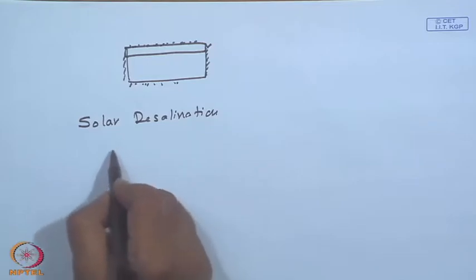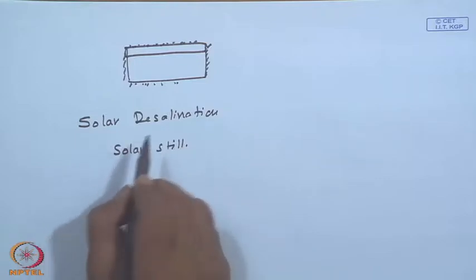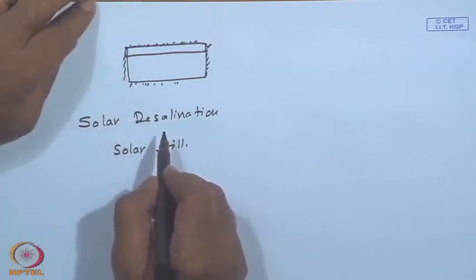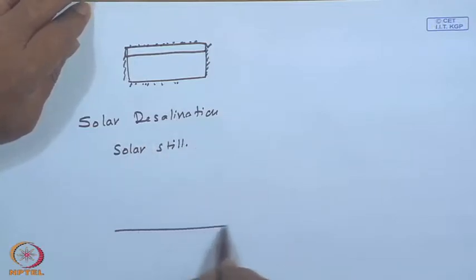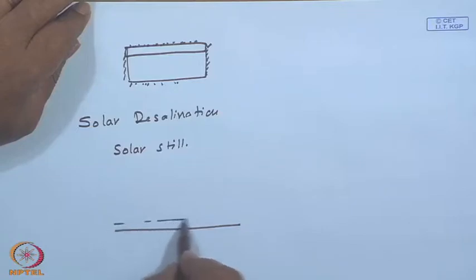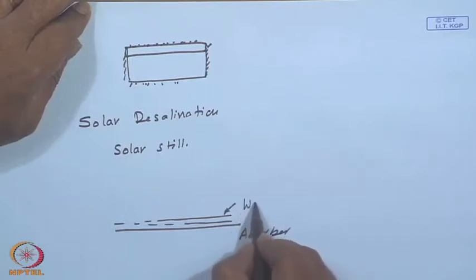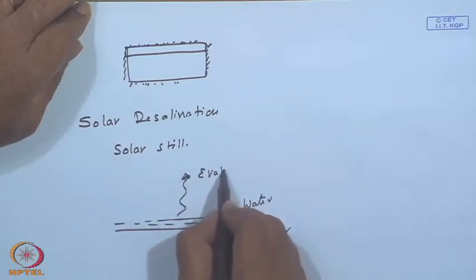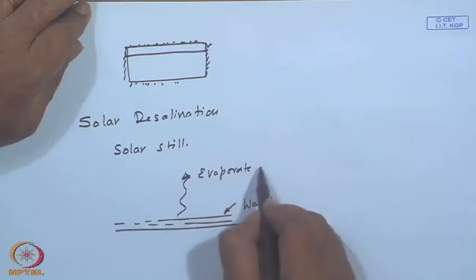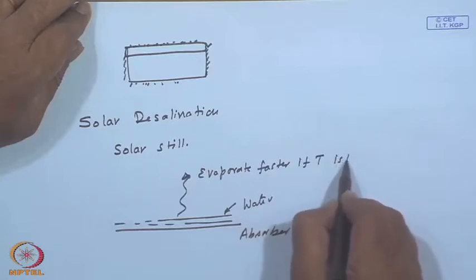Sometimes this is the general term, and you may call it a solar still for the particular device. So, with a suitable solar radiation absorber, you have an absorber in contact with water, and this will evaporate faster if T is higher.